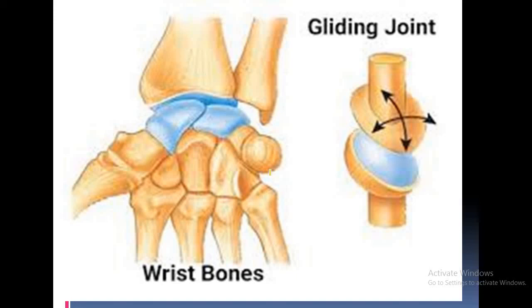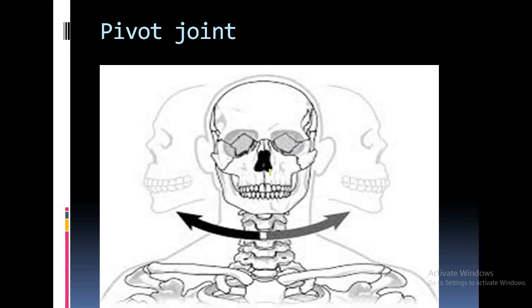The first example is the gliding joint, and this gliding joint is present in between the bones of the wrist, and you can perform the movement only in one direction. Then the pivot joint. Here one bone is rotated over a pivot-like structure.